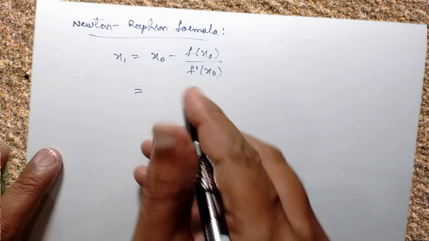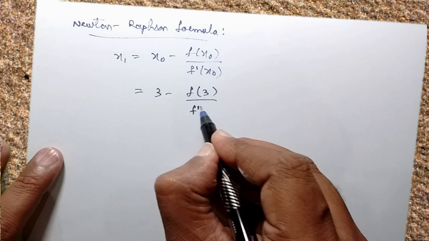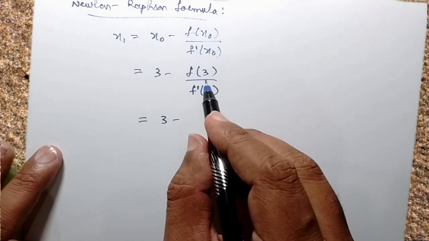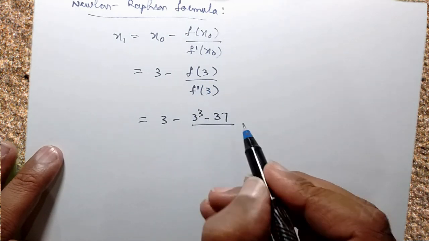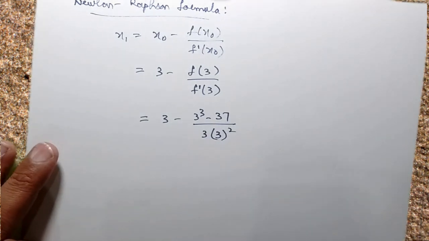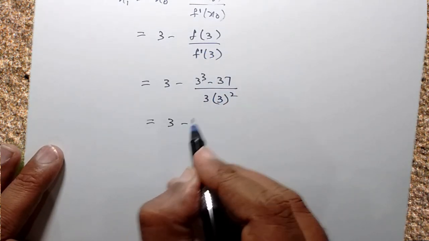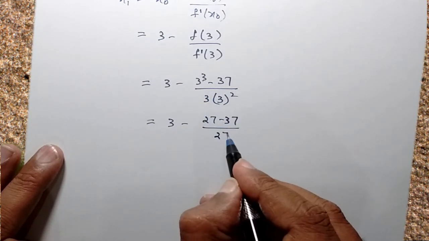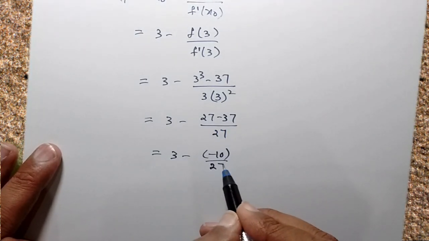Your value of x0 you have taken as 3, so x1 equals 3 minus f of 3 divided by f dash of 3. f of x is x cube minus 37, divided by f dash, which is 3x square, so 3 times 3 square. Just plugging in f of x and f dash of x. So it is 3 minus 27 minus 37 divided by 9 times 3, which is 27. Or it's 3 minus minus 10 divided by 27.